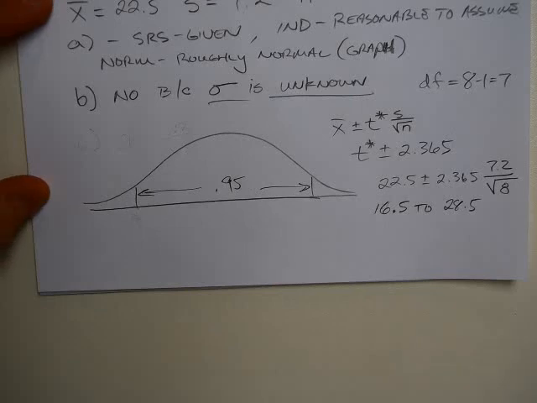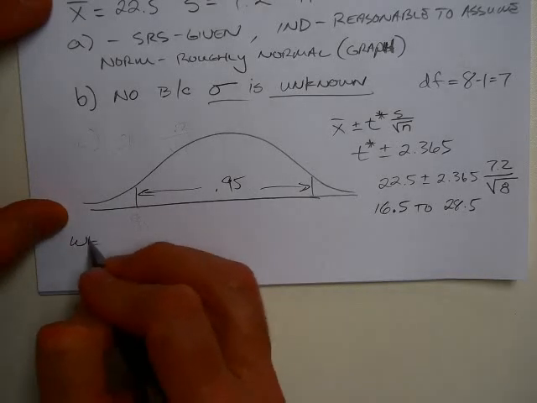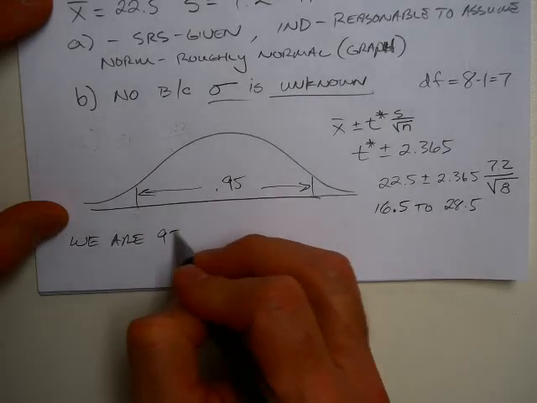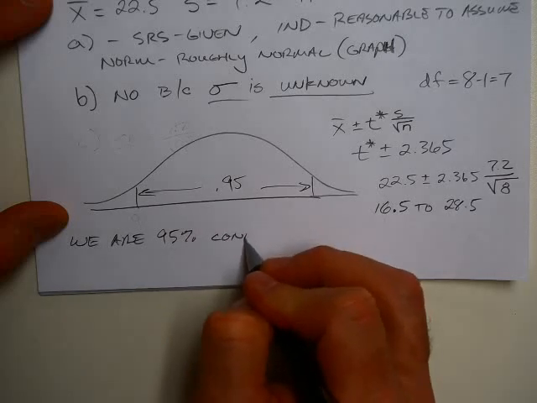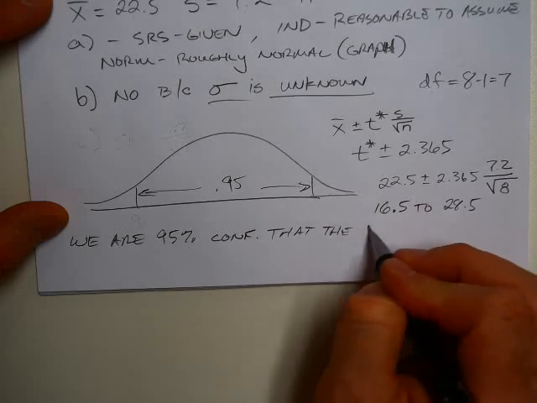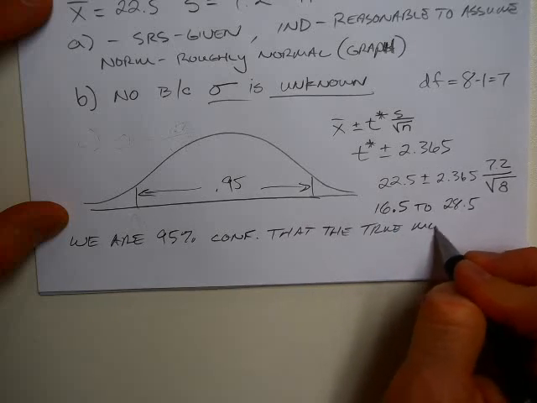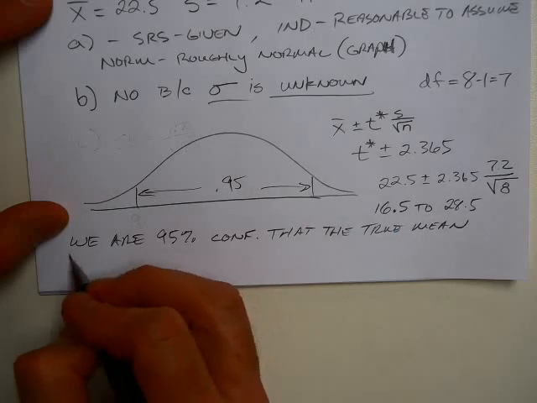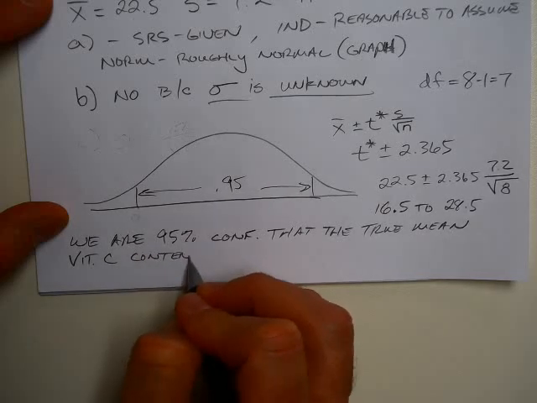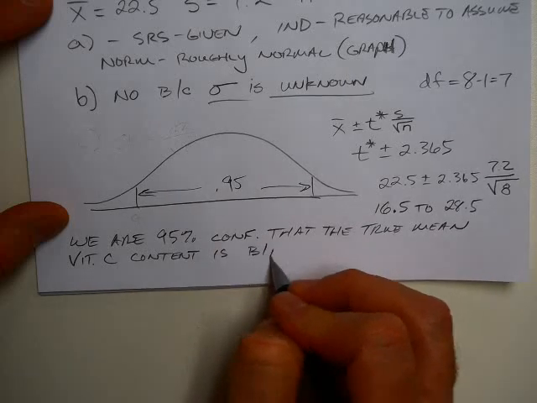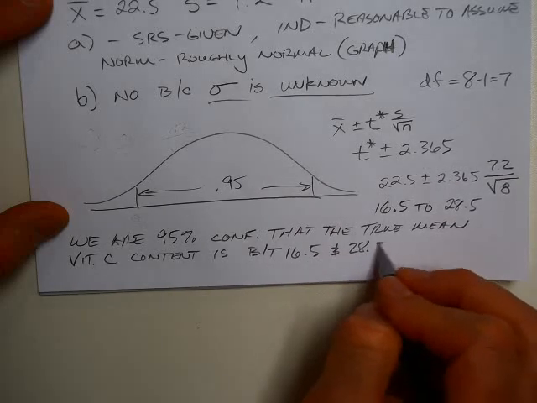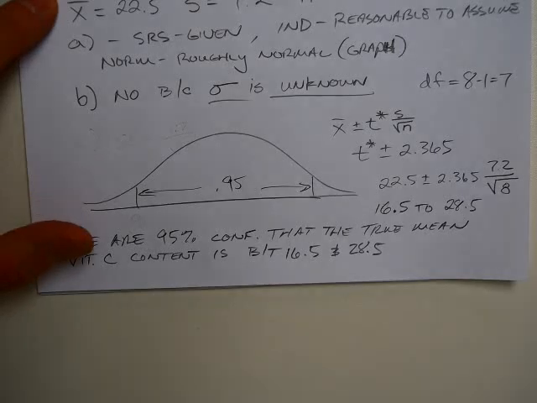All right, so here's how we answer this. We say we are, I don't know why it's always we if you're the only one calculating it, but we are 95% confident that the true mean vitamin C content is between 16.5 and 28.5, and I want to go back and figure out what the measurement is there on that.